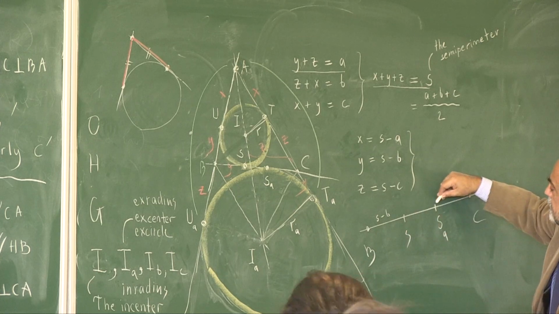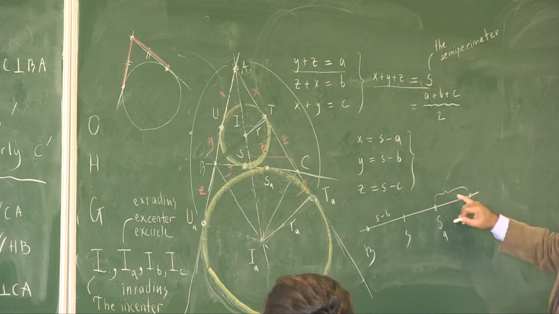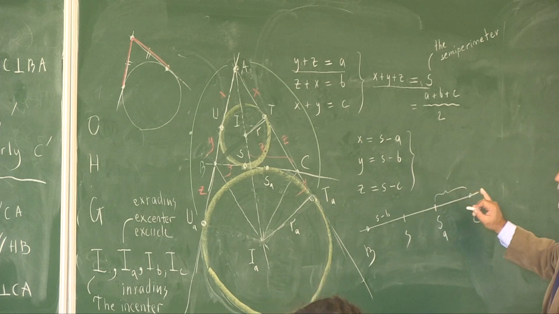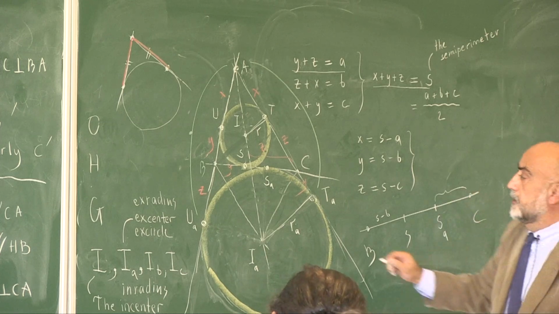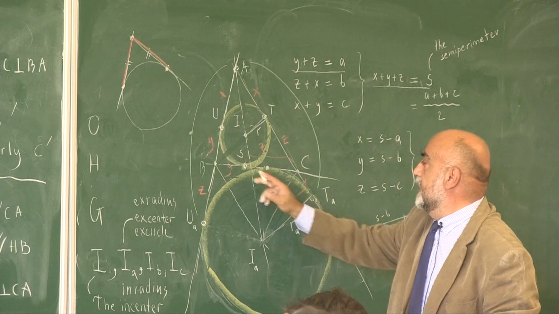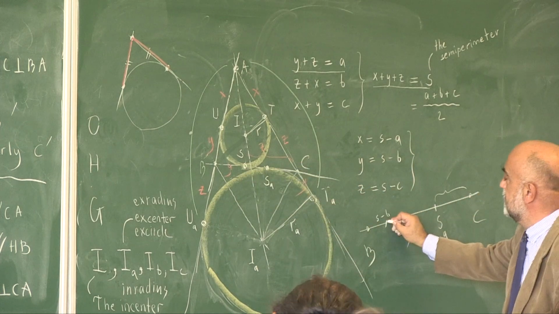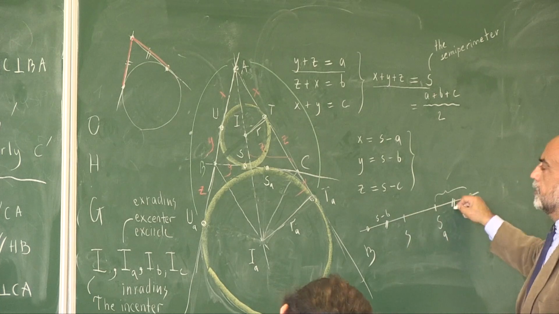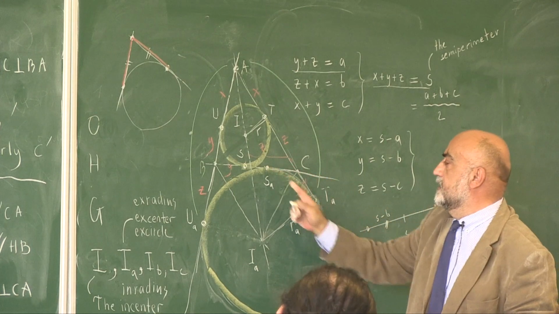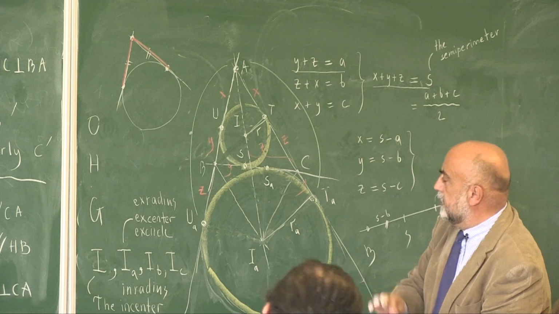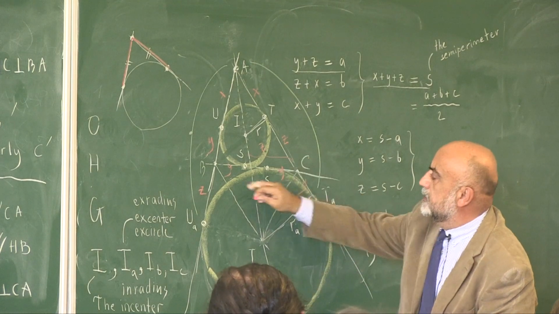So this piece is y, this piece is y, and this piece is y. These two pieces are equal.